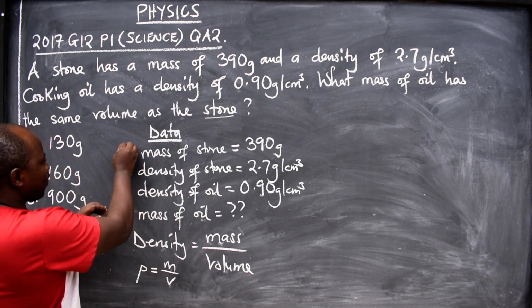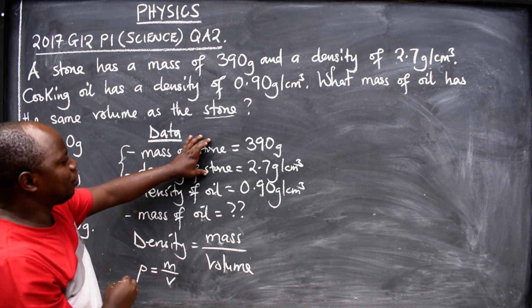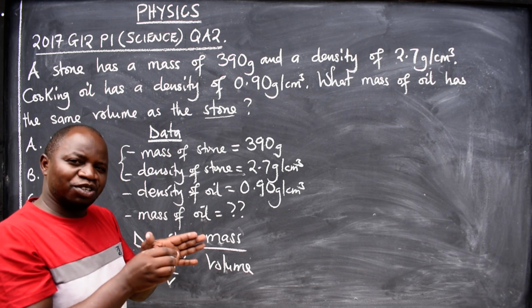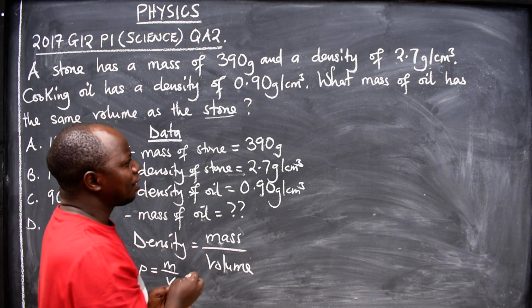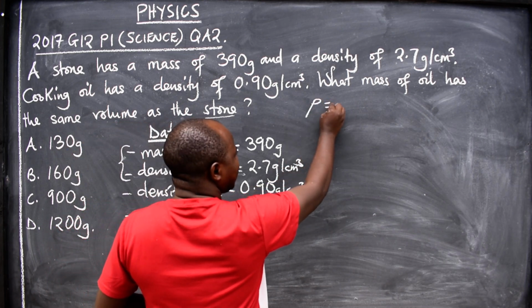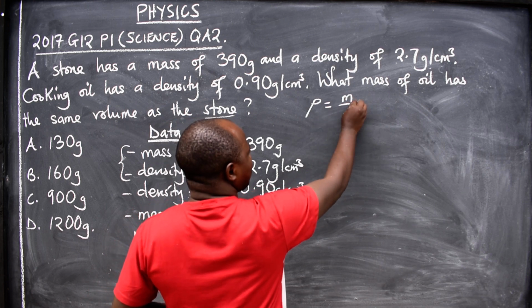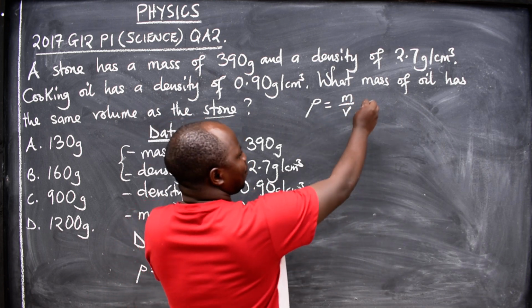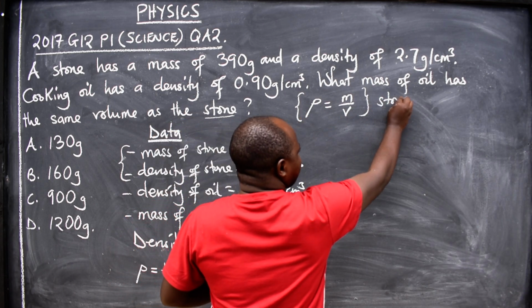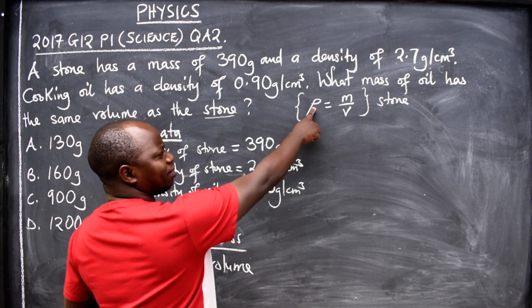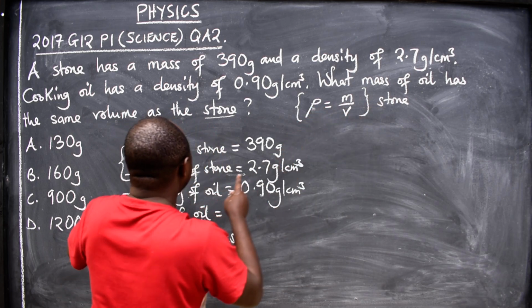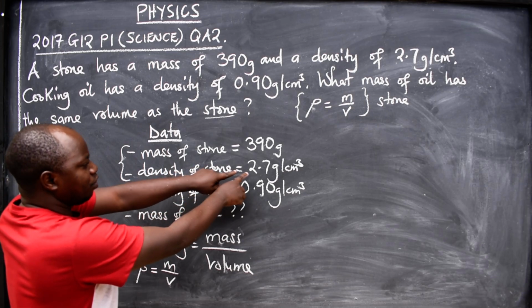Now, we have these two to find the volume of the stone. That is where we want to start from. So now we are going to say density is equal to mass over volume. Whatever we are calculating here, remember, is for the stone. What is the density of the stone? 2.7.